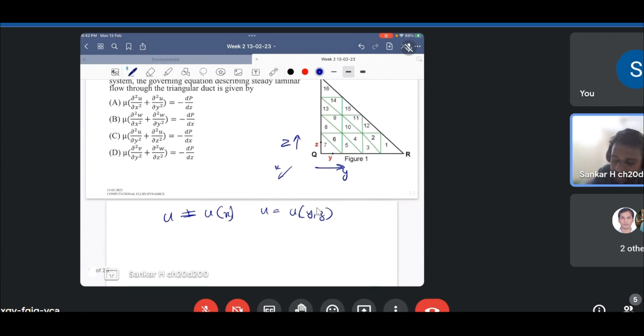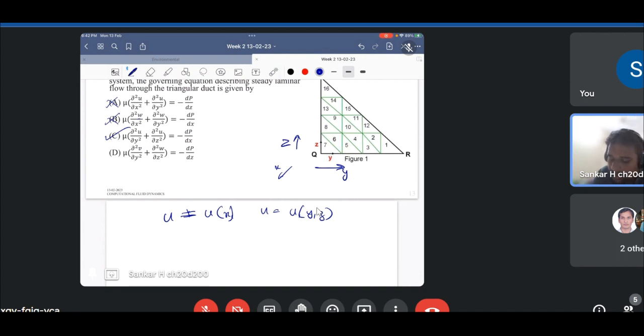And d²w/dx² plus d²w/dy², if the flow was in the z direction, this could have been true. So option A is wrong, option B is wrong. Option C, d²u/dy² plus d²u/dz² is equal to minus dp/dx. That is the correct answer, as u is a function of y and z, and the pressure is varying across the axial direction.